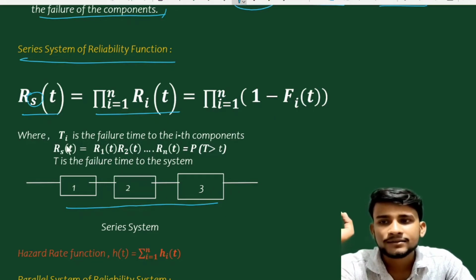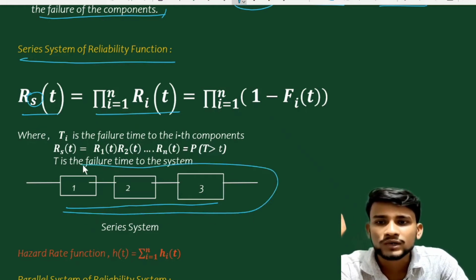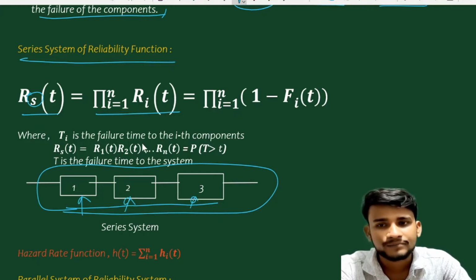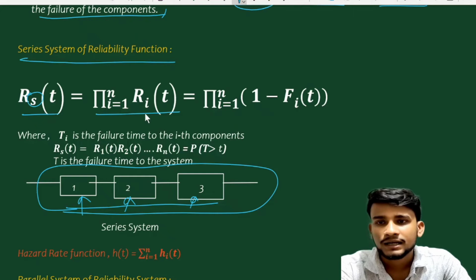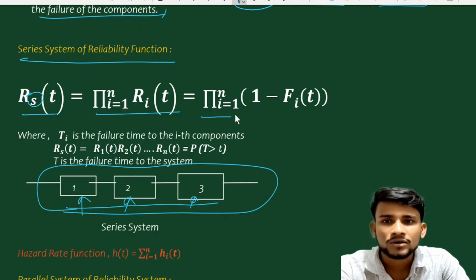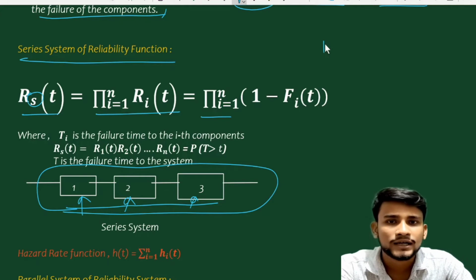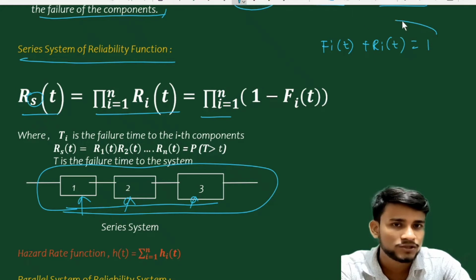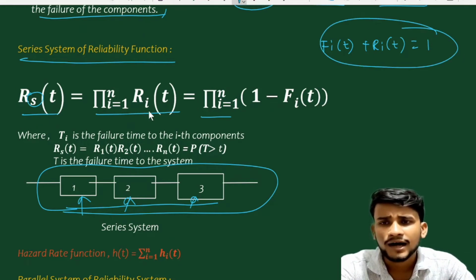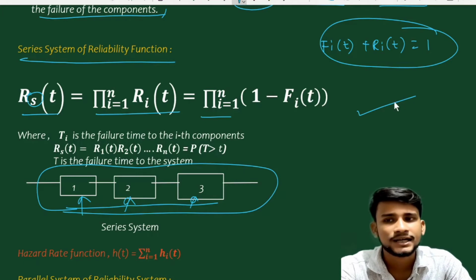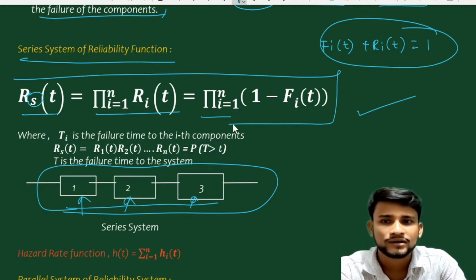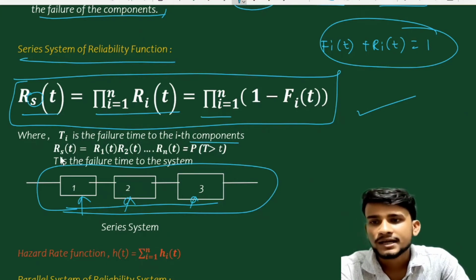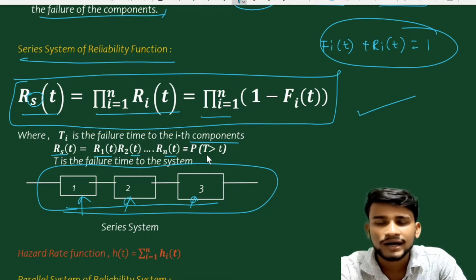The reliability of the total series system is equal to the product of the reliabilities of these three components. So this is equal to the product of R_i(t), which is equal to the product of 1 minus F_i(t). We know that F_i(t), the failure, plus the reliability, the survival, equals 1. Therefore we can write R_i(t) equal to 1 minus F_i(t). This formula is very important, you have to remember it. Here T_i is the failure time of the ith component, and R_s(t) is equal to R_1(t) R_2(t) ... R_n(t) if there are n components.